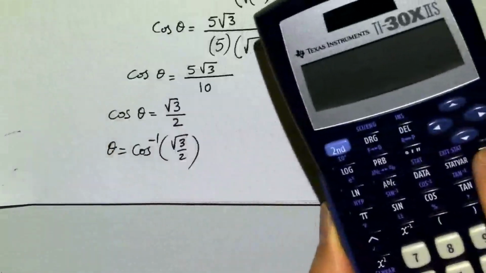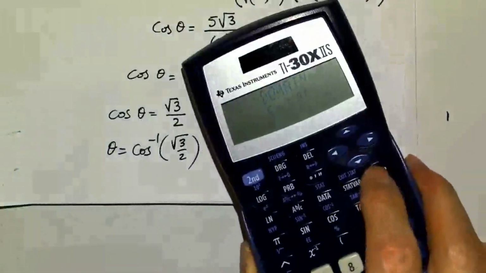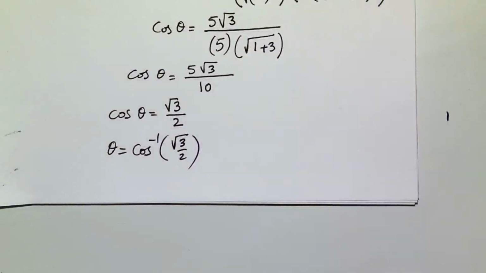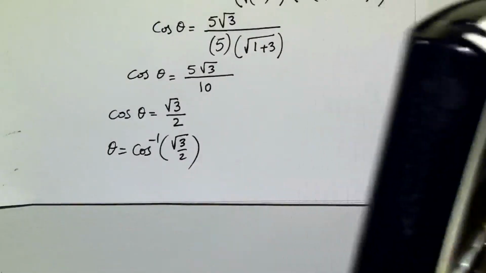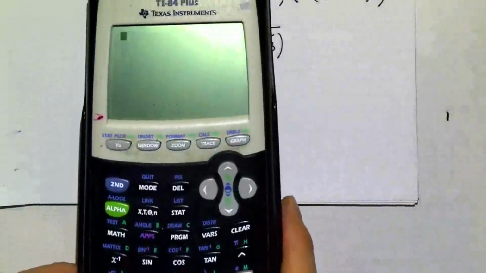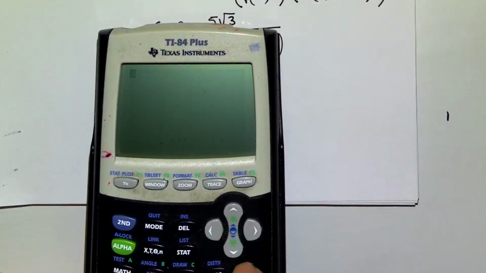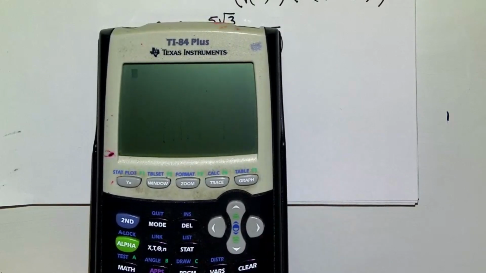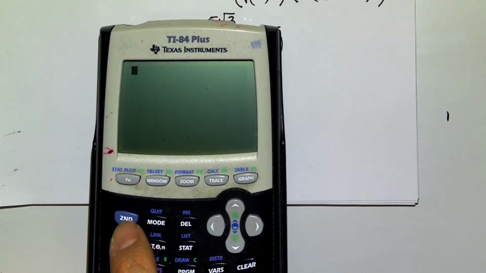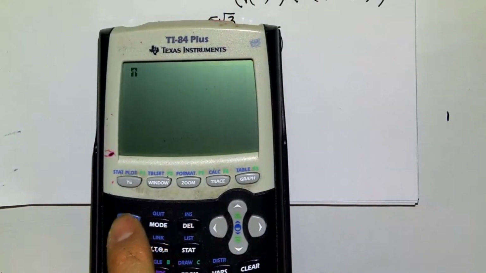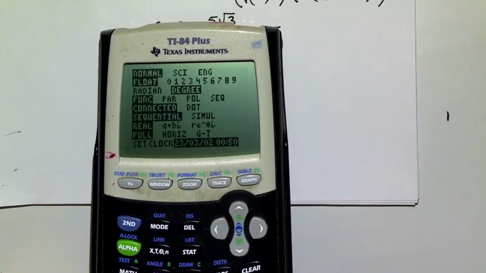So let's see. Does it give us the answer if I change the mode? This is an important part of this course too. You should be able to use your calculators for this. So I'm going to switch the mode here to radians.